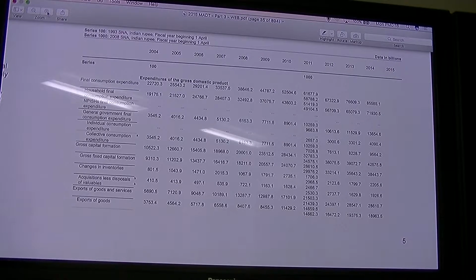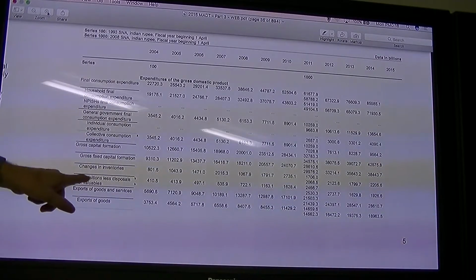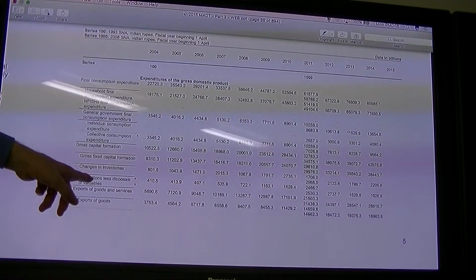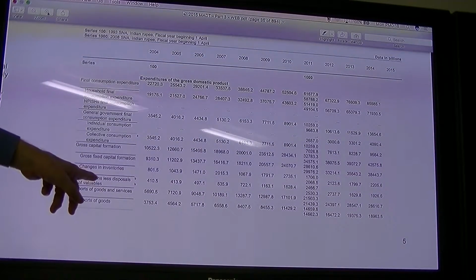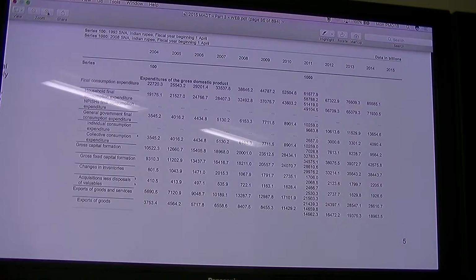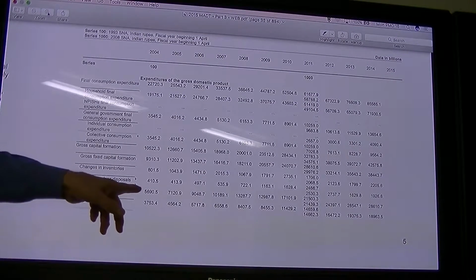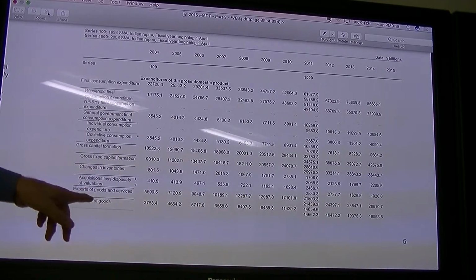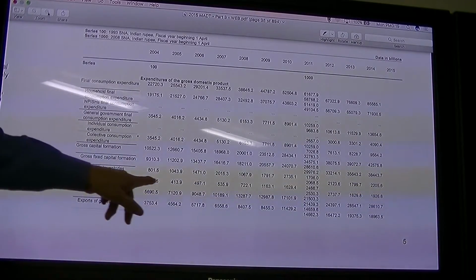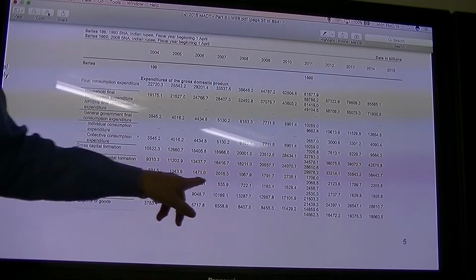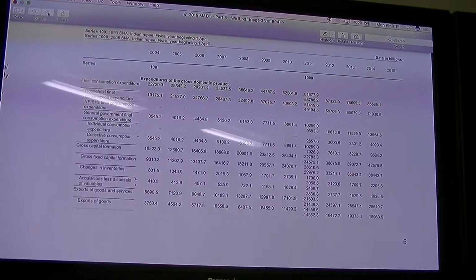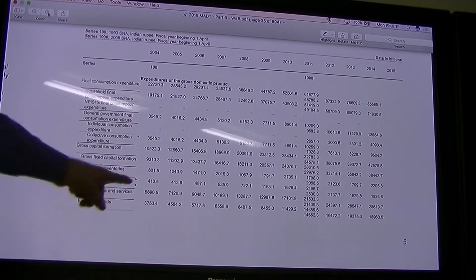If I buy a bar of gold, it's going to generate nothing. So they have a line. Now, most countries, whatever gold people buy is a small amount. Indians buy so much gold that they have a separate line for acquisitions less disposals of valuables, which is primarily gold.